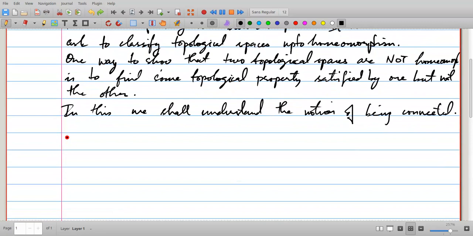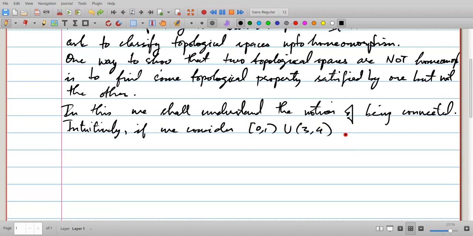So intuitively, if we consider, let's say, the union of these two intervals with the subspace topology, then this should not be connected.